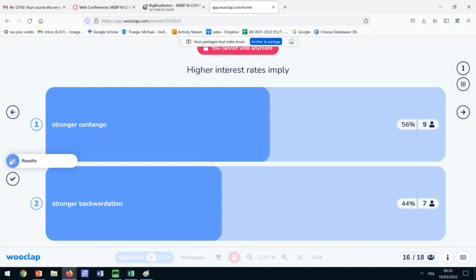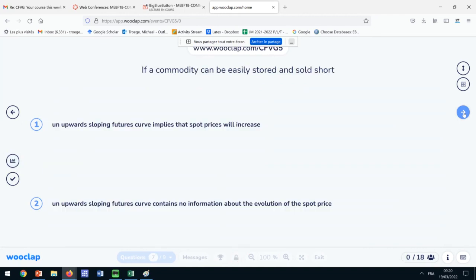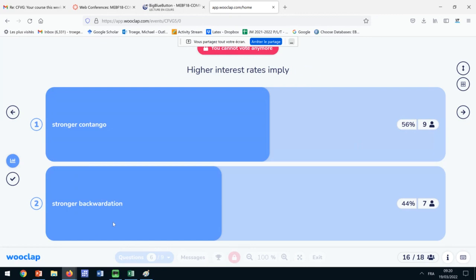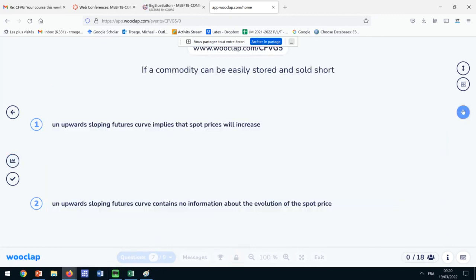Guys, you have to up your game a little bit. Interest rates make it more expensive to carry out the cash and carry strategy. So that means you have a steeper slope. Maybe some of you could explain the reasoning for that, and I could try to explain why you are wrong. Okay, but let's finish this first.